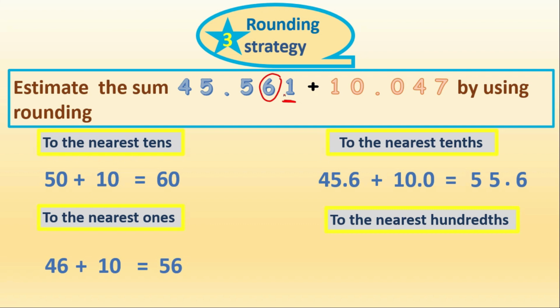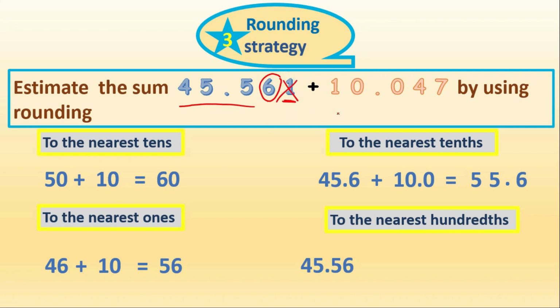Ask yourself, is 1 from group 1 or group 2? Will it add 1 or not? No, it will add nothing. So 6 stays the same without a change, and all the digits on the left also without a change. So the number will be 45 and 56 hundredths. So bye bye 1.